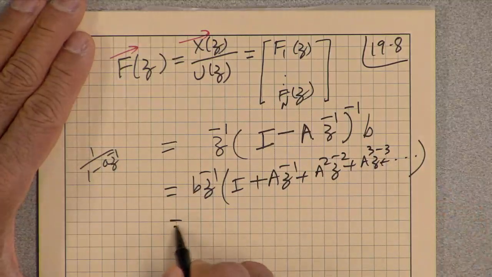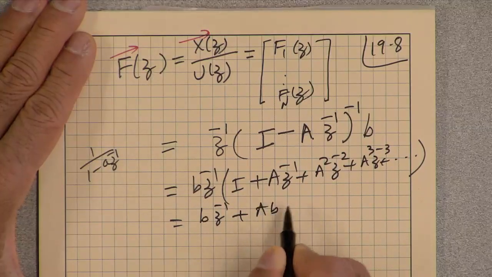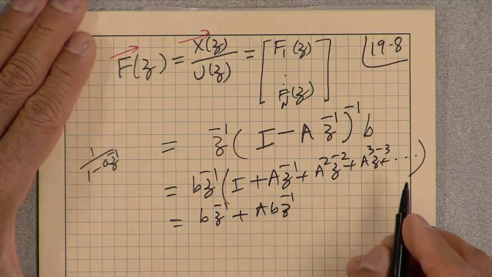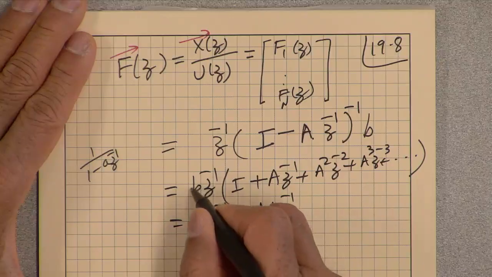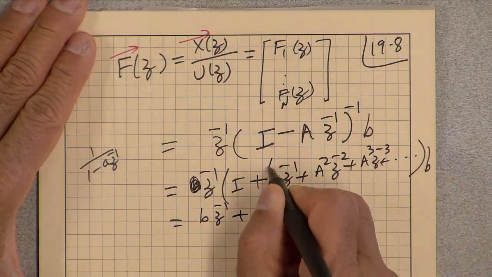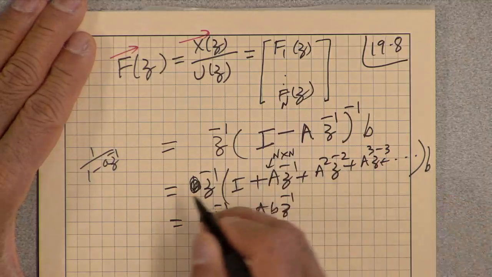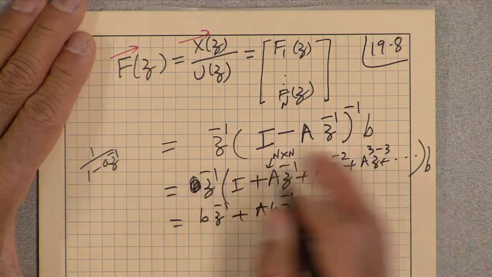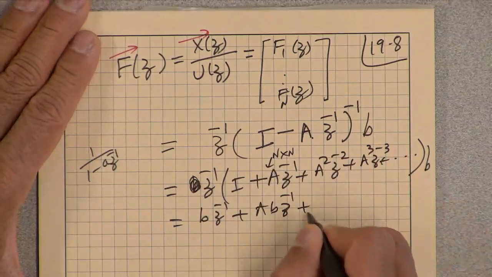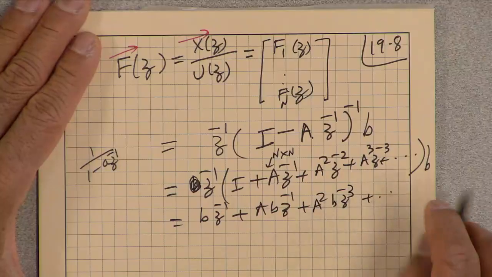And so this is equal to b z to the power minus 1 plus A b... Well, I think I made a mistake. B should be on the right hand side. This is n by n, that is n by 1. B cannot be pre-multiplied, the dimension would be wrong. Plus A squared b z to the power minus 3, etc.